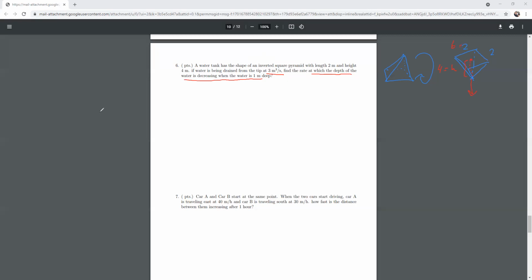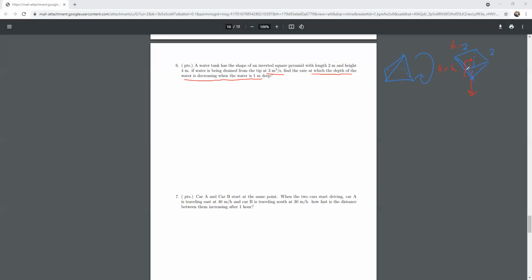So what do we even want to concern ourselves with? Well, we want to concern ourselves with the volume of it. There's going to be some water in this pyramid, it seems, and it's going to be put out through the end here. So we are concerned with the amount of water or the volume of the water. We're also going to be concerned with the base and height of it.